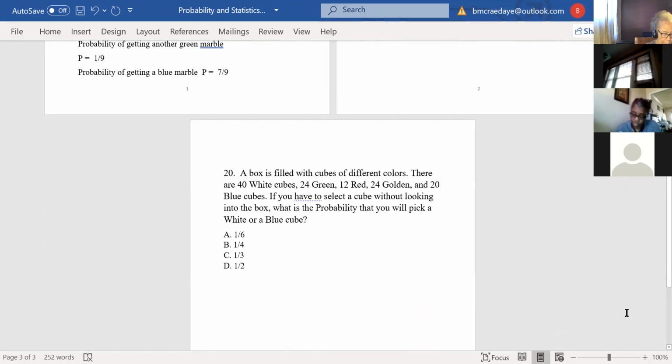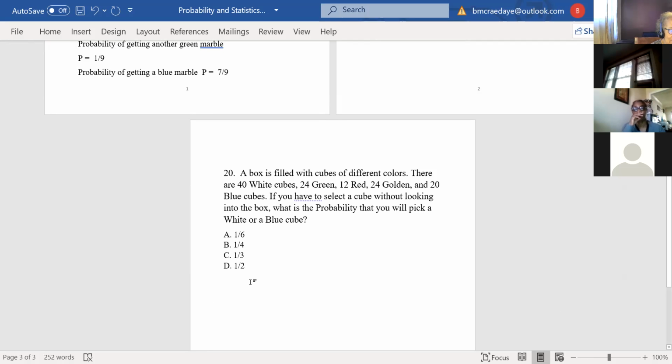There are 40 white, and together it is 120 total, right? Yeah, this is another one where you're gonna add the probabilities.